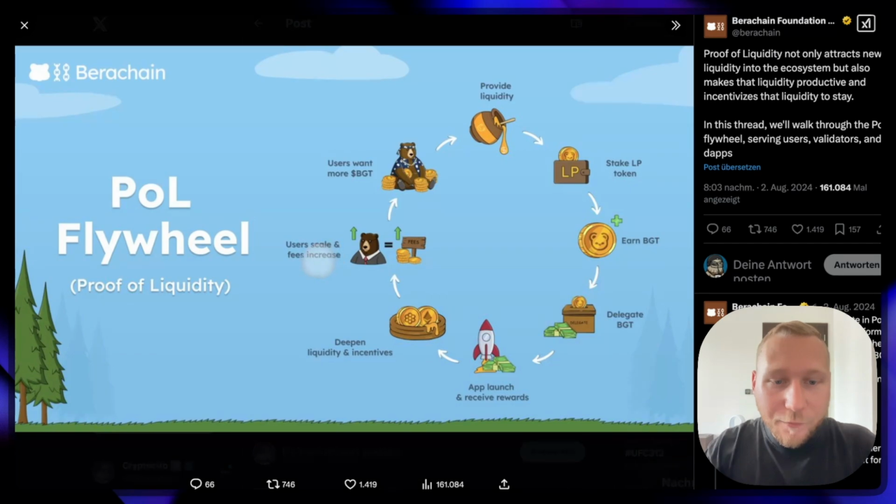Users scale and fees increase, which means users want more BGT because BGT eventually generates yield, and delegating BGT generates more yield, which brings more incentives for validators, which then also brings more emissions to the reward pools, which then incentivizes projects even more to compete and bribe for liquidity.